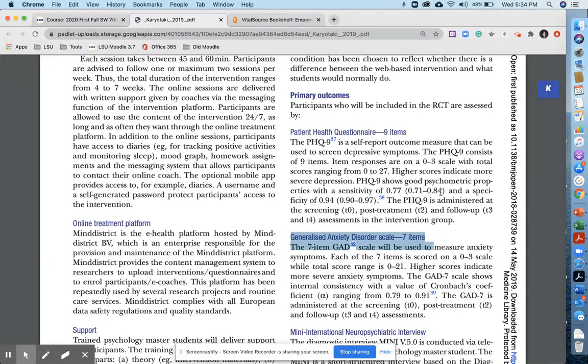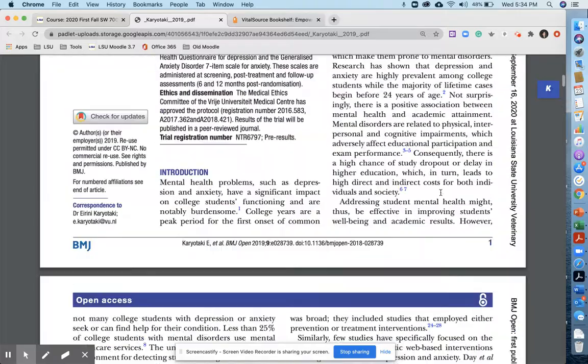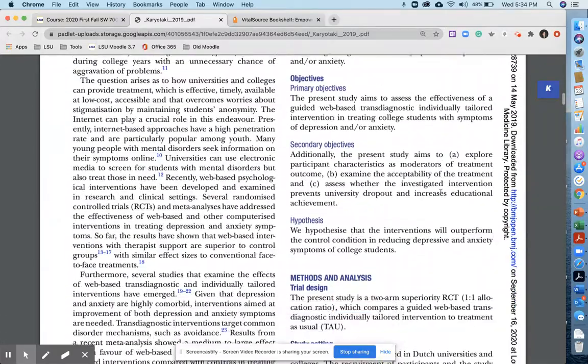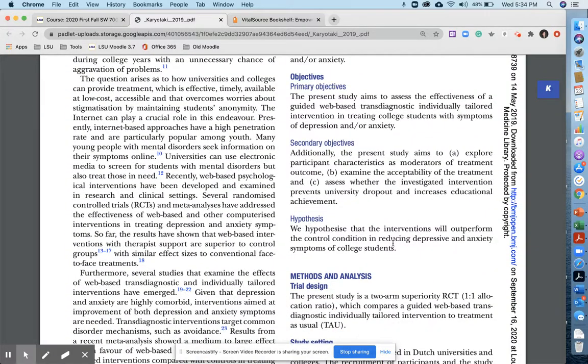So if we go back up to our outcomes section at the very end, this is our hypothesis. And they hypothesize that the web-based intervention will outperform the control conditions.